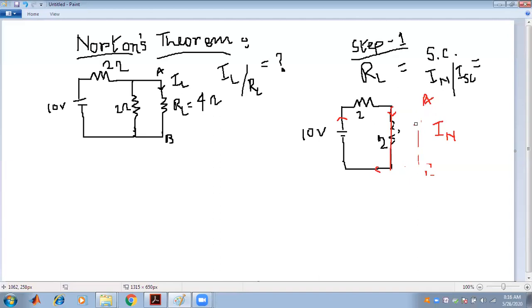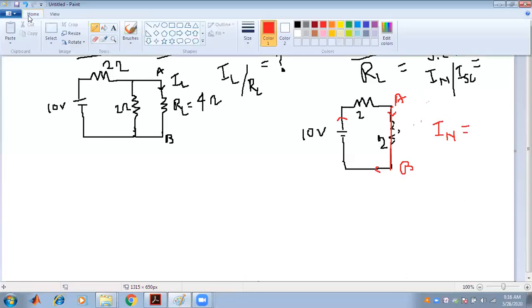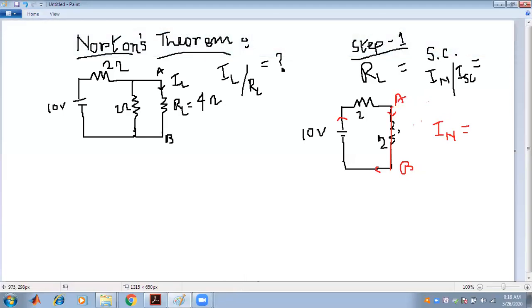The equivalent resistance become this one. Now the equivalent resistance at the AB terminal become this one. So what is the value of IN? IN is V by R. All are short circuited.